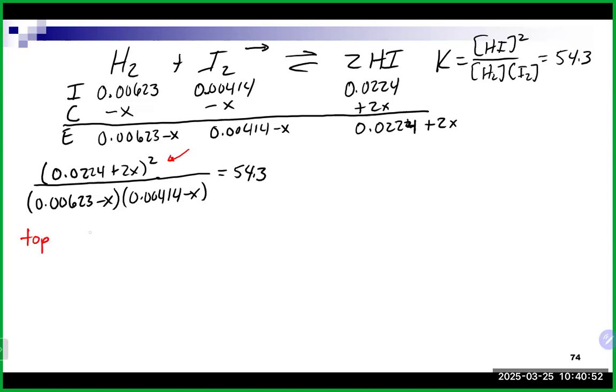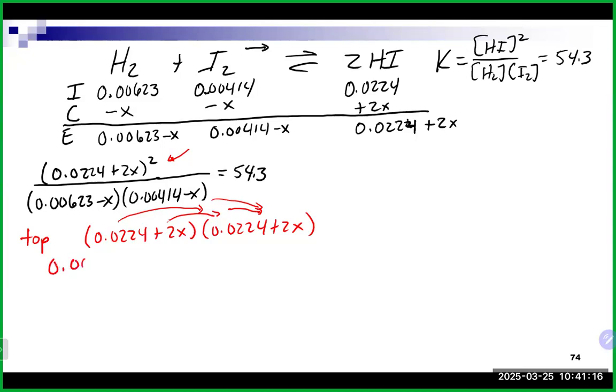So for the top, we basically got 0.0224 plus 2x, 0.0224 plus 2x. Again, we're going in and out, right? Sounds good as well. In and out over here. And if we do that for the top, we should get something like this of 0.0005018 plus 0.0448x plus 0.0448x plus 4x squared.